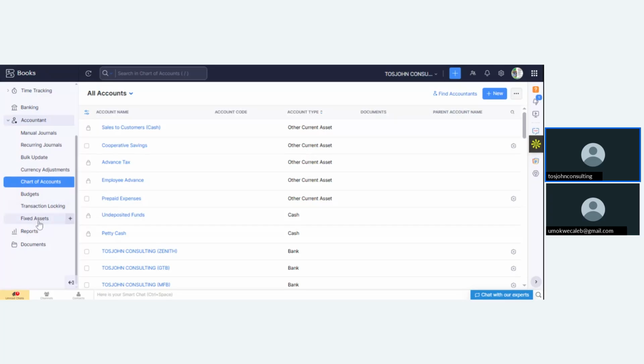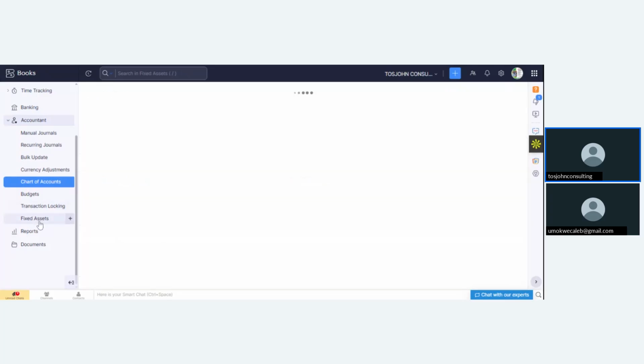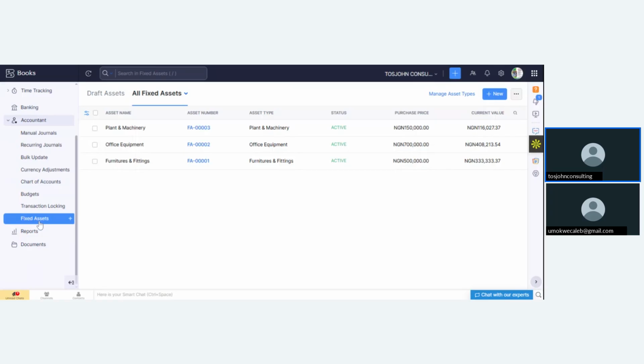Then this fixed assets is for you to just register all the non-current assets, although it is fixed assets here, we call it non-current assets. So you can register all the non-current assets that you have in the business, right, in this place.